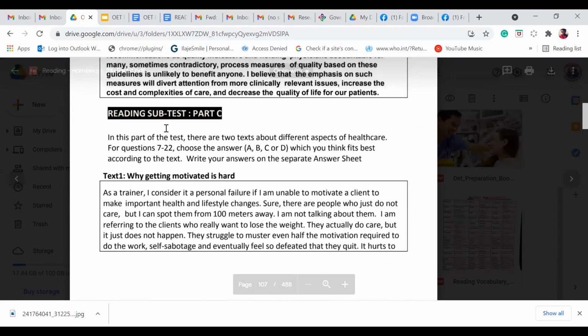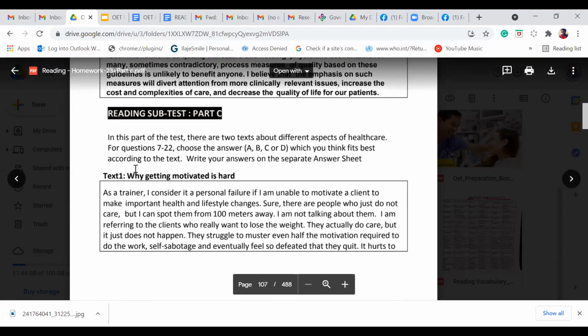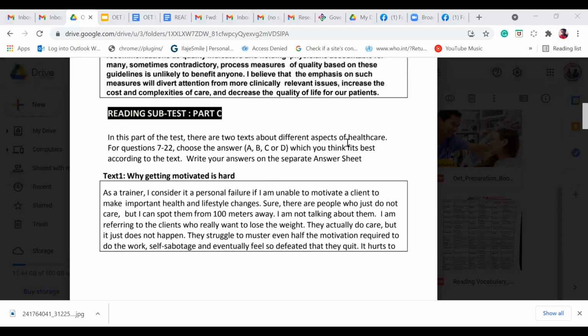From the explanation we got initially, remember that you have two long passages for the Part C. In this part of the test, there are two texts about different aspects of healthcare.